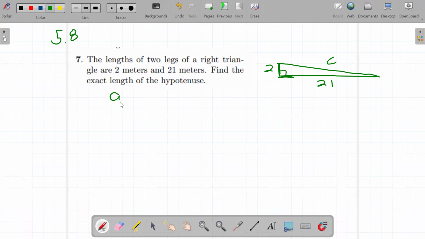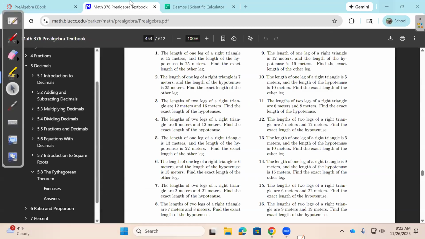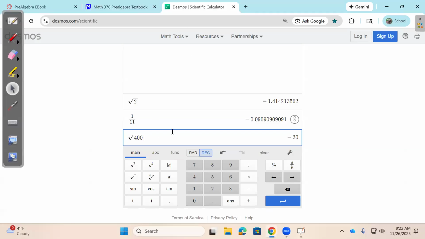So like before, I have to plug in a squared plus b squared equals c squared. a is 2. b is 21. 2 squared, I've got that. 21, I'm going to ask my calculator about 21, but I could do it myself. But my calculator's sitting there. 21 times 21 is 441.